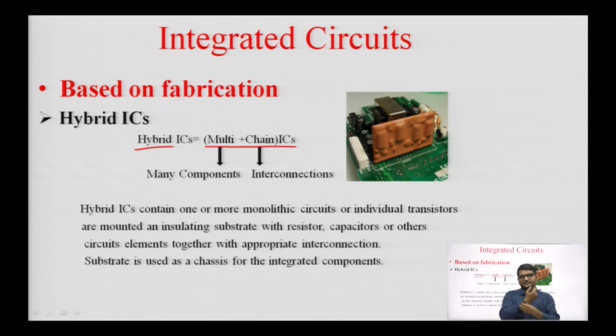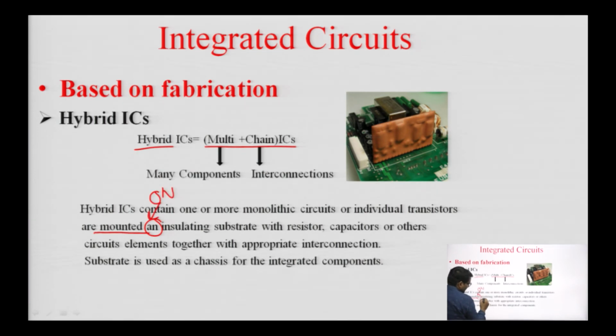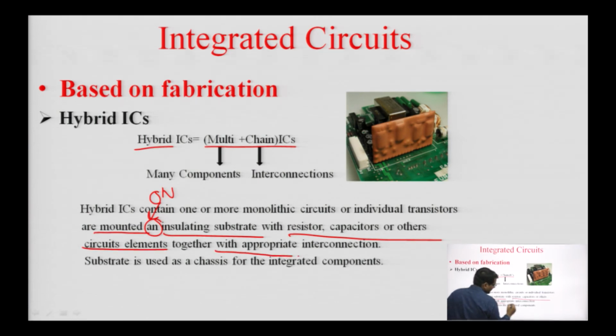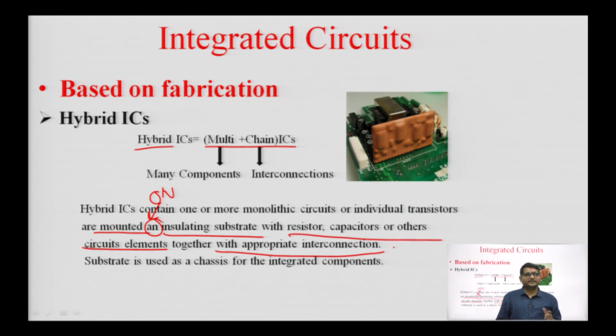So a hybrid IC is made with one or more monolithic ICs or individual transistors, mounted on an insulating substrate with resistors, capacitors and other circuit elements, together with the appropriate interconnections.